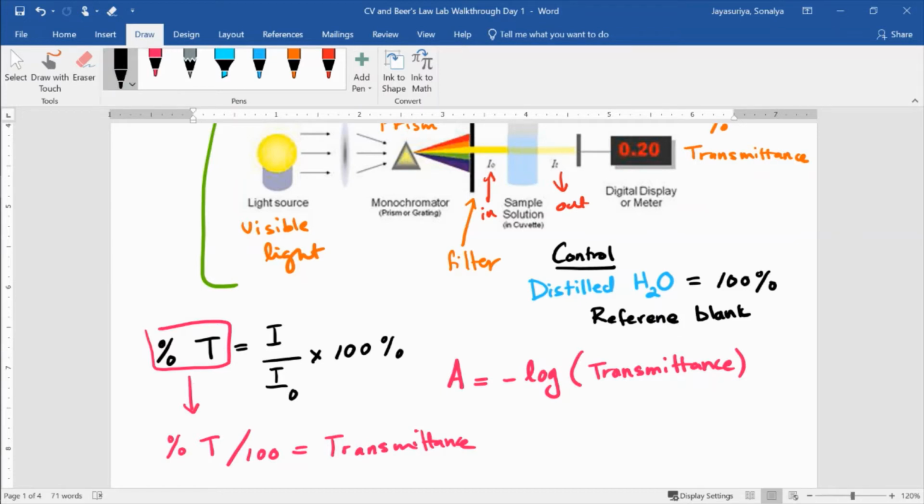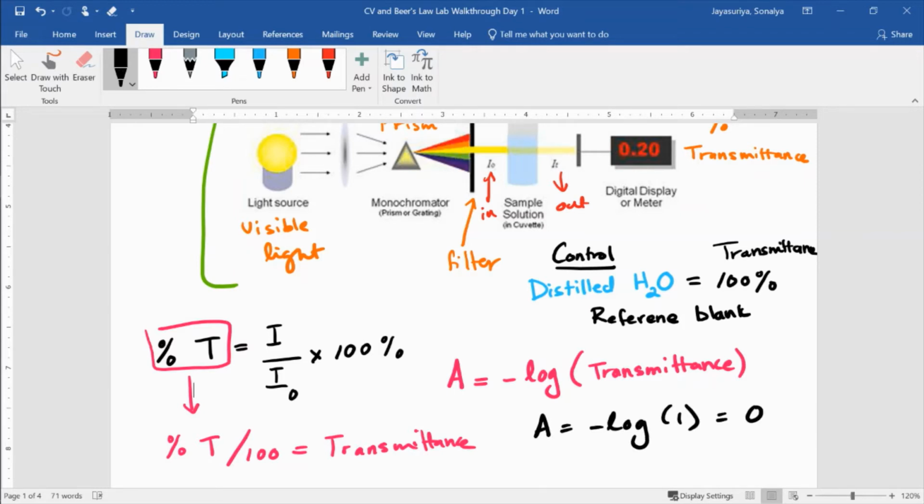And if it's 100% transmittance, this is transmittance for your reference blank, right? 100% would be just 1. Negative log of 1 is going to be equal to 0.